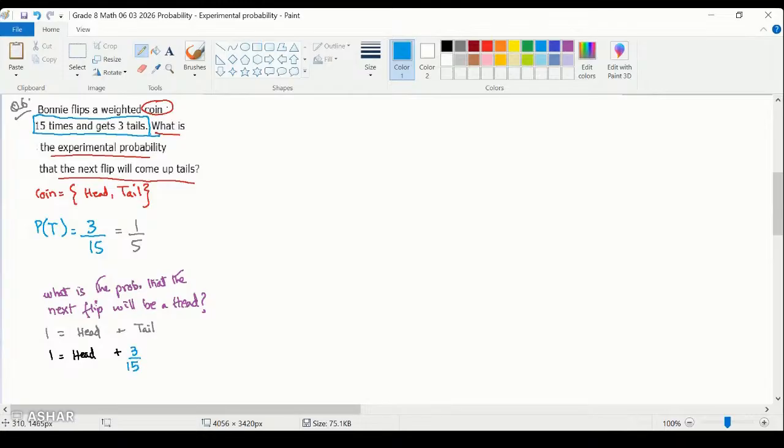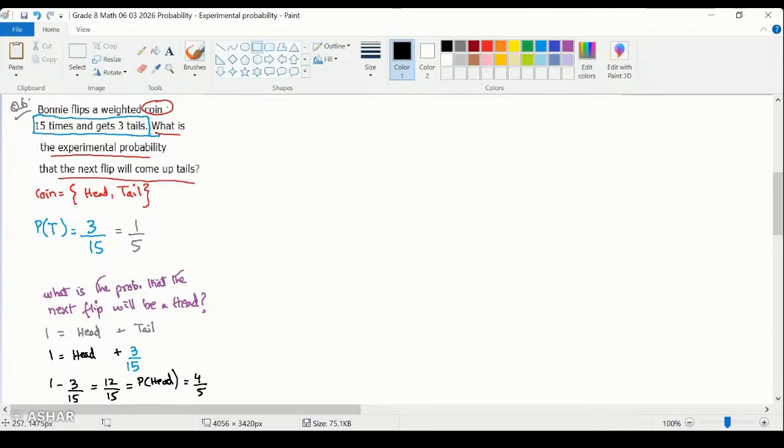Okay. So can we subtract this? 1 minus 3 over 15. 15 times 1 is 15. It comes out to be 12 upon 15, which comes out to be the probability of head. Can 12 upon 15 be simplified to 4 upon 5, right?